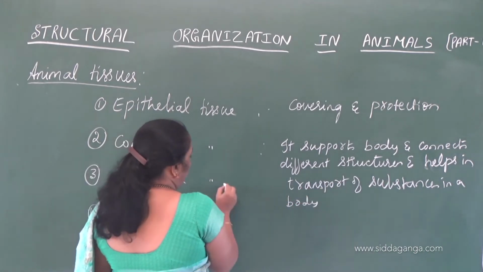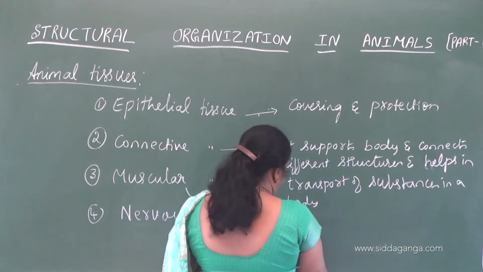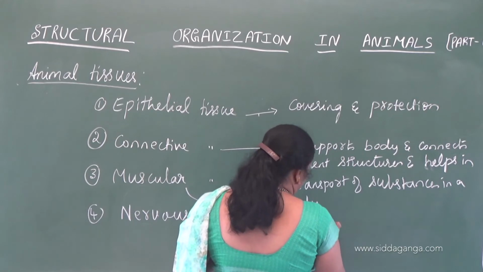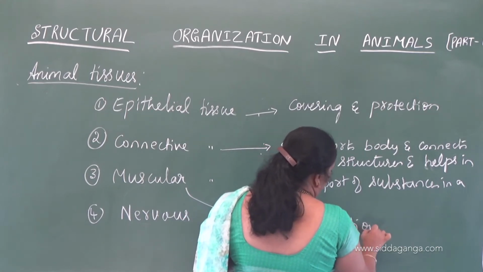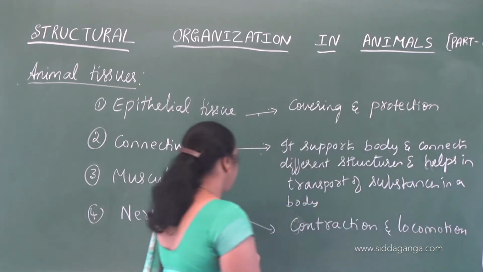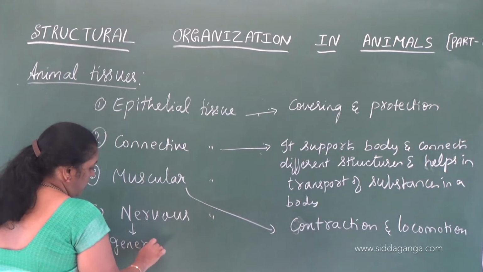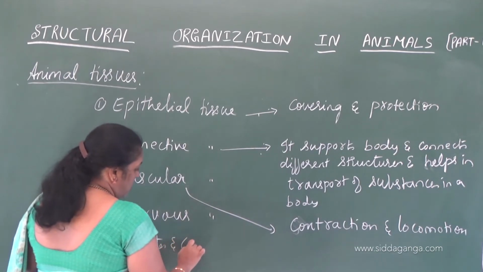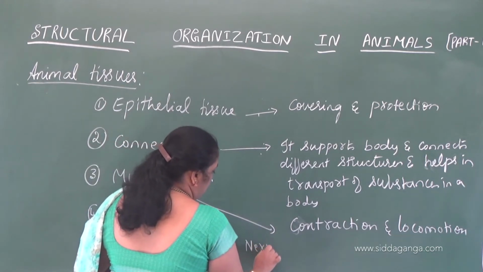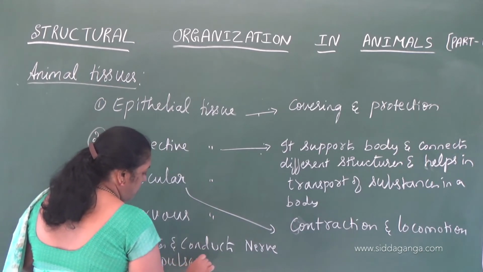Whereas muscular tissue mainly helps in contraction and locomotion. Whereas nervous tissue generates and conducts nerve impulses in the body.